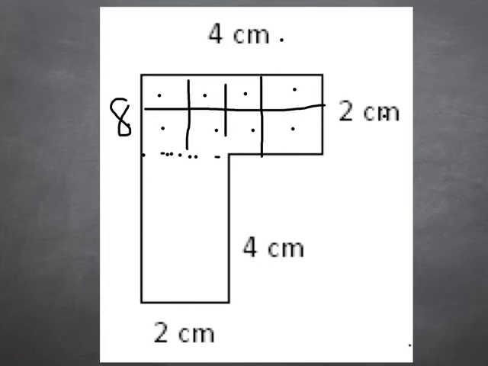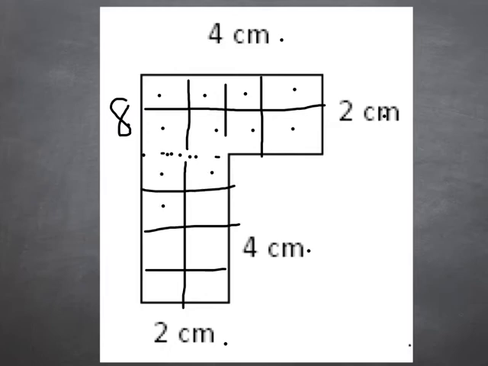And this one, we've got 2 times 4. So in this one, we would divide like this, and 1, 2, 3, 4. Again, we have 1, 2, 3, 4, 5, 6, 7, 8. So we have 8 in that rectangle as well. When we put the 2 together, we're going to have a total of 16 centimeters squared. Okay, next page.